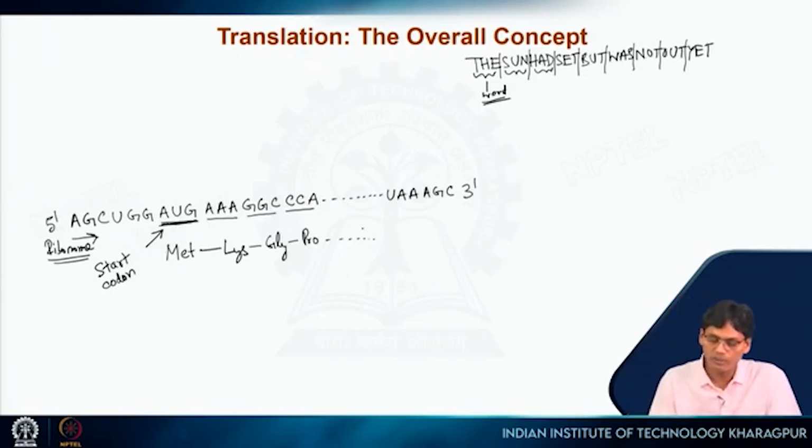And when the ribosome is moving in this way from 5' to 3' direction, whenever it encounters the codon UAA, this is a stop codon. Then no matching amino acid will come.